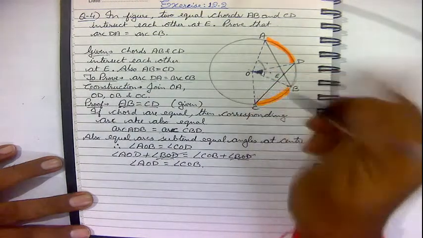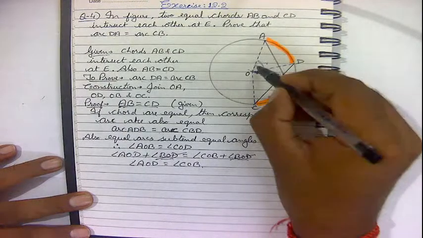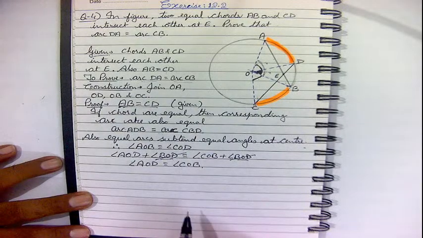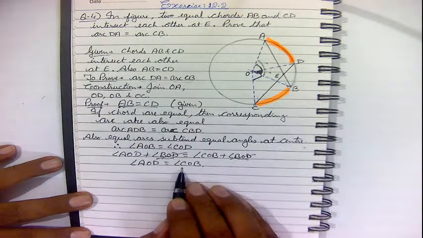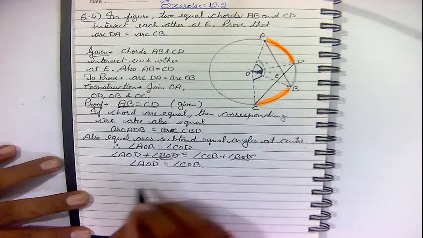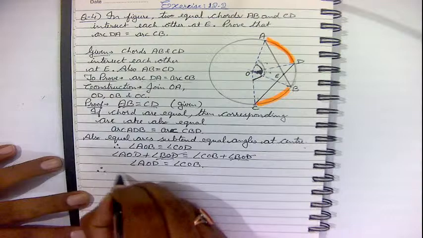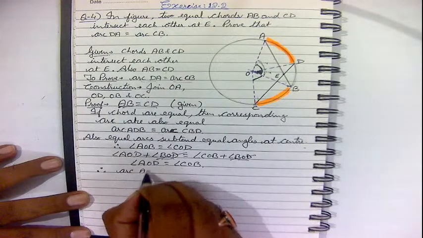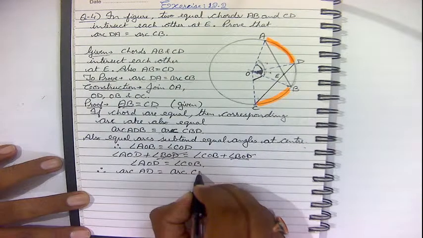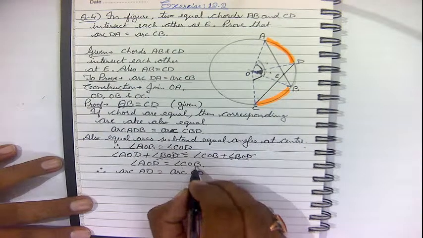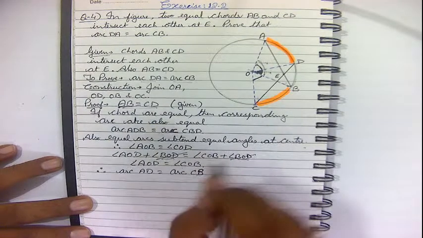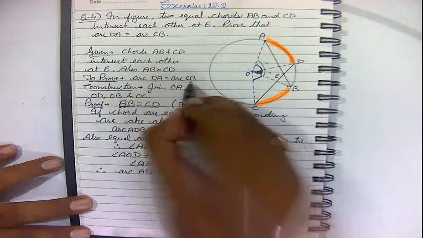So this angle AOD is equal to angle COB. Now two angles are equal. If angles are equal, then their corresponding arcs will also be equal. Therefore, arc AD is equal to arc CB.